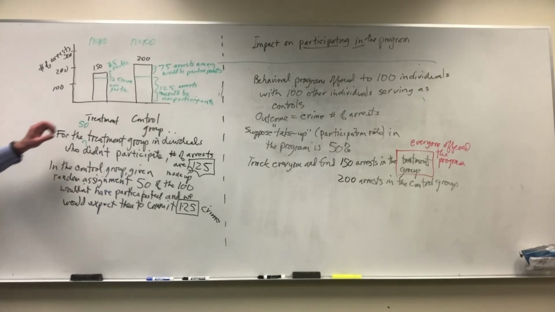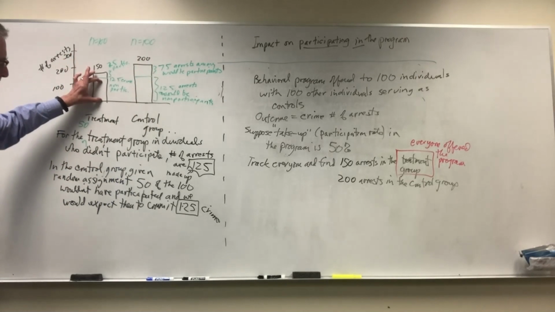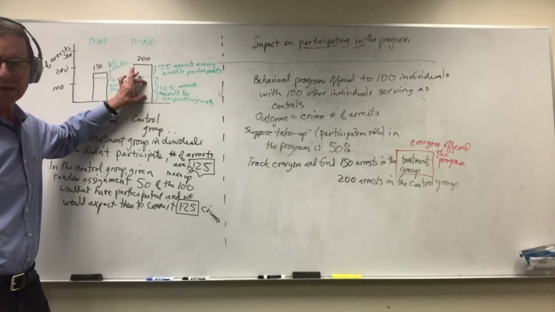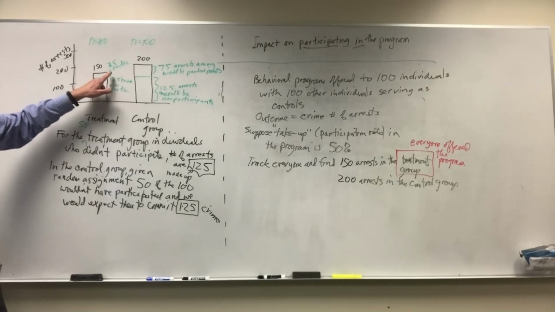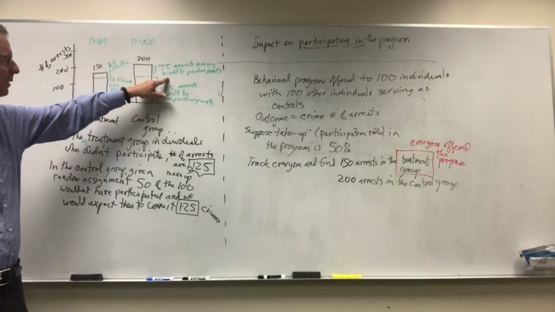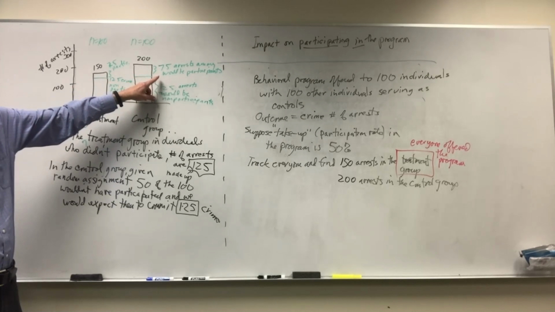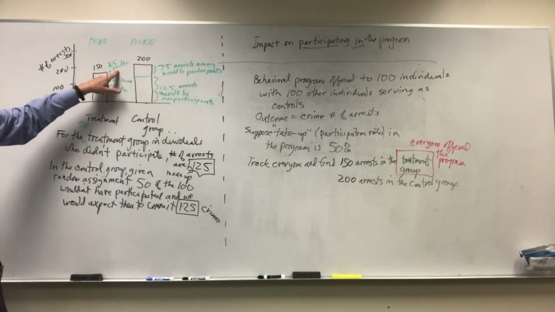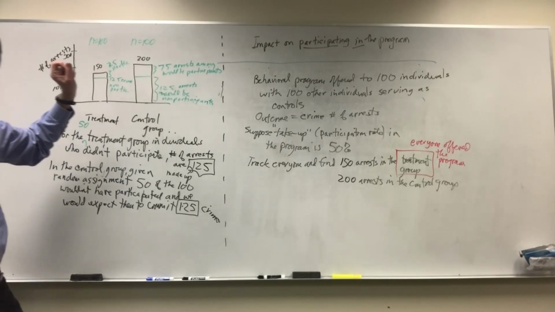All right, so we know this from the treatment group. Because of random assignment, we know it would have been the case in the control group had the control group been offered the program. So what's left is this 75 arrests among the people who would have participated in the program had they had a chance, to be compared with the 25 arrests for the people who were offered the program and actually did participate.